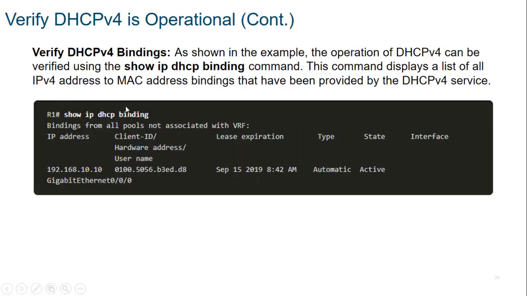Show ip dhcp binding. You can see that a device with the MAC address 010 and so on has asked for an IP address, and this IP address has been given to that device, and it will expire on September 15 at 8:42 a.m. The type of binding is automatic, the state right now is active, and the interface is connected at GigabitEthernet 0/0/0.